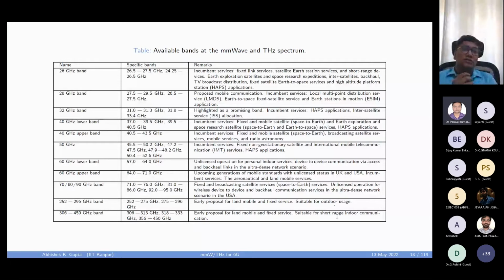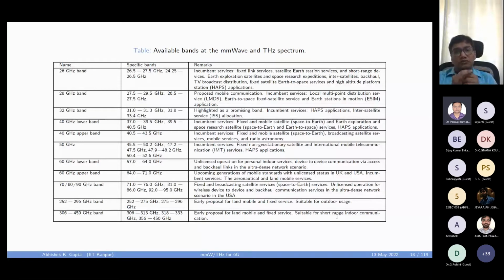Yes. Thanks for the explanation, sir. But there is one concern. We have inter-satellite links and satellite to HAP links with millimeter wave bands. That is working fine because these HAPs are in general deployed above the troposphere.